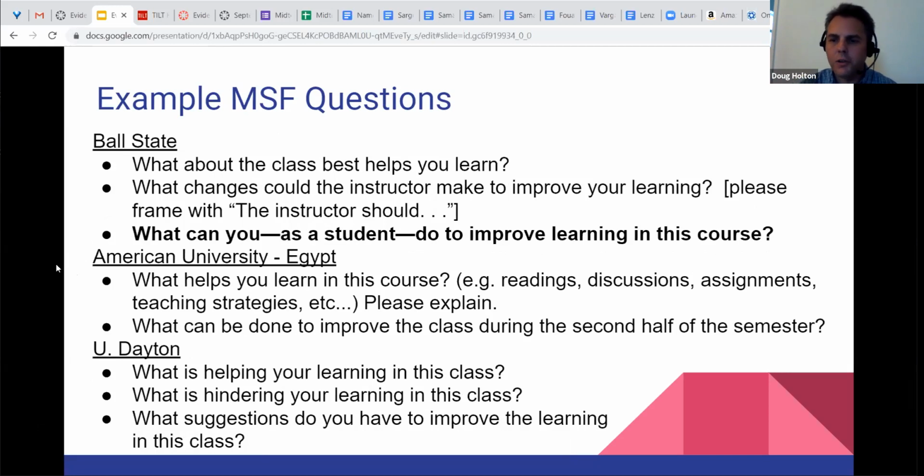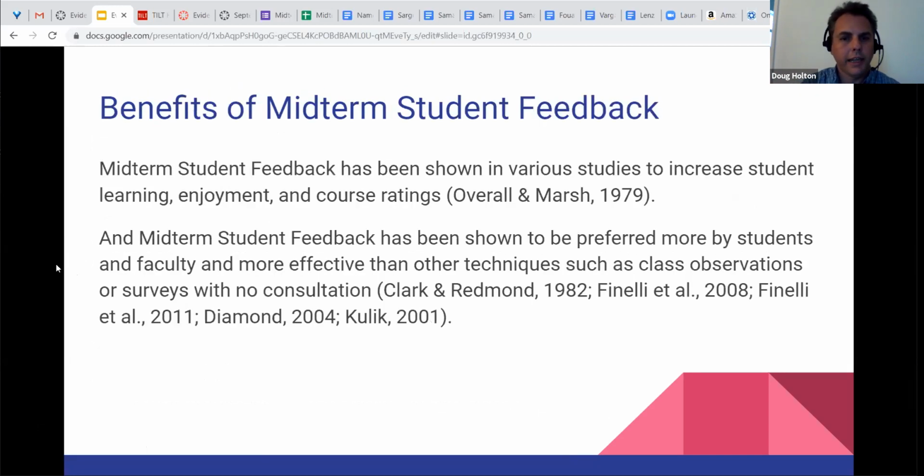So again, if any of you have used this technique before or have thoughts or opinions about it, feel free to share. But again, there's been 40 years of research on this technique, and it's shown that it's helped improve end of course evaluations. So that's always a nice selling point, especially to new faculty who are really worried about their course evaluations.